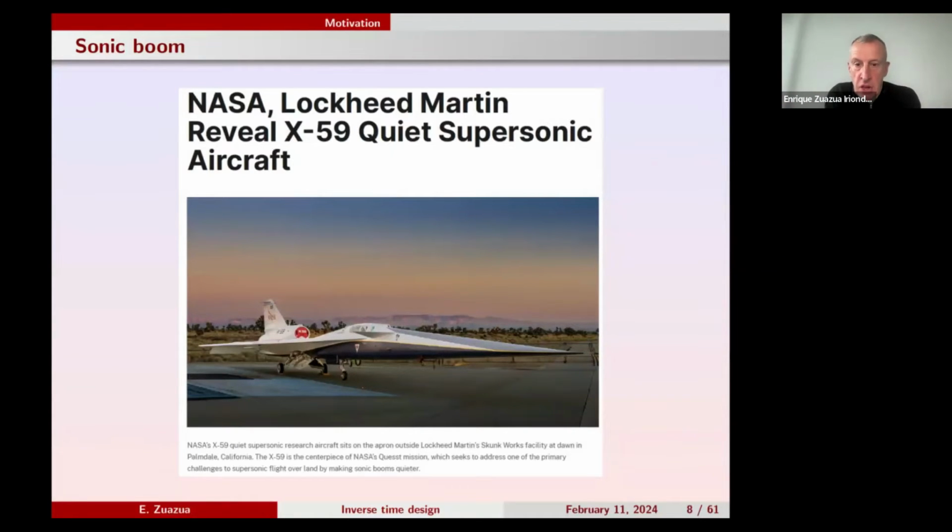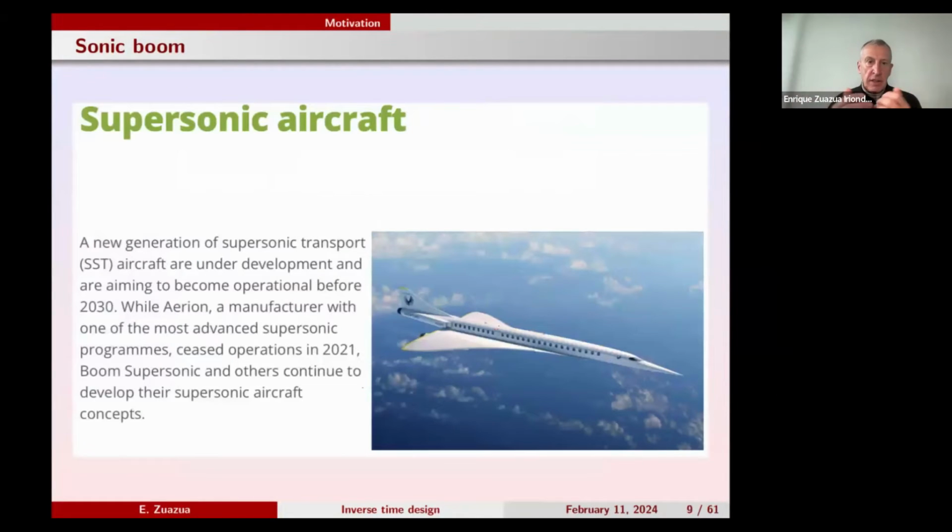They are not yet being commercially used, but they are being tested to check whether the technology that has been developed to minimize the sonic boom is sufficiently adequate to allow these aircraft to fly supersonic over populated areas.